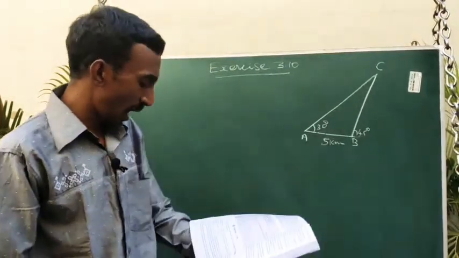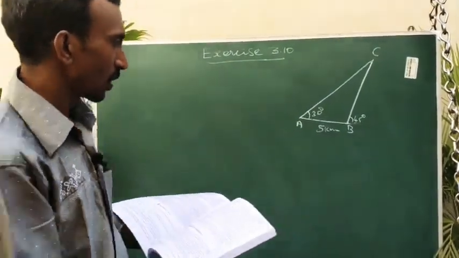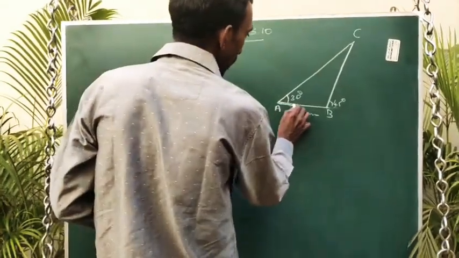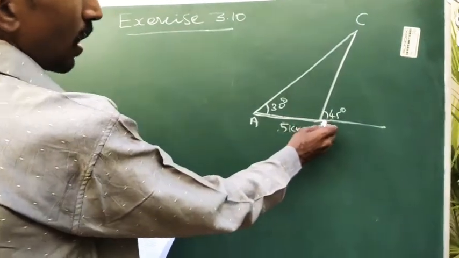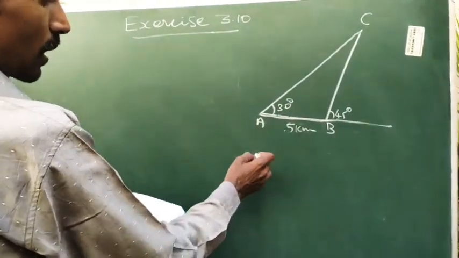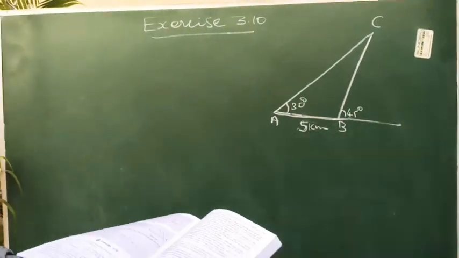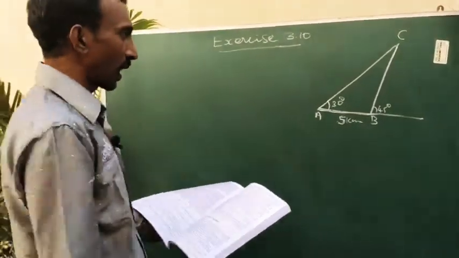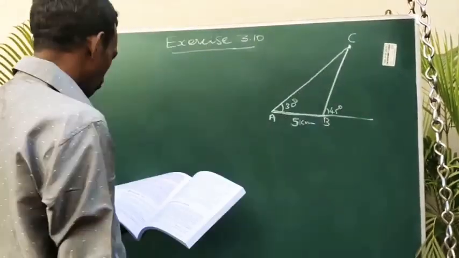Two soldiers A and B in two different underground bunkers on a straight road. So imagine it is a straight road. There are two soldiers A and B in the two different bunkers, and the distance between them is given as 5 km. They spot an intruder at the top of the hill. So assume C is the top of the hill.